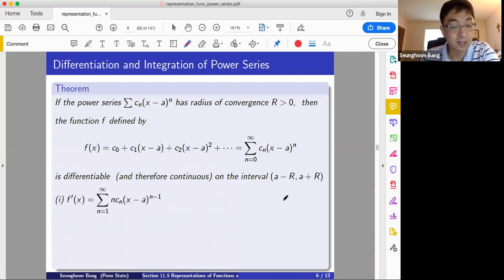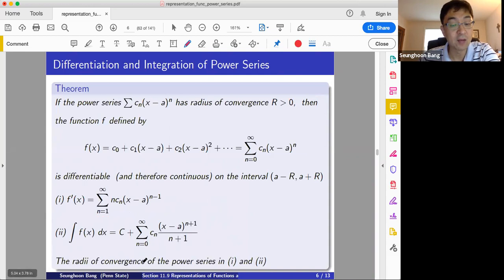F prime of x is what we have from the previous result. The integral of f of x dx is C plus summation n equal to 0 to infinity Cn x minus a to the power n plus 1 over n plus 1.